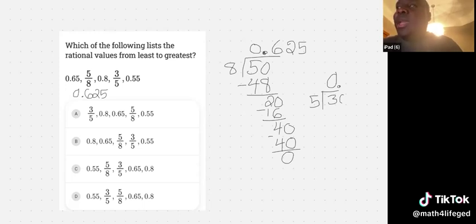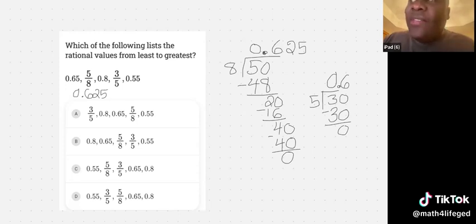Boom, right? So 6 times 5 is 30. And 30 take away 30 is 0. So that's what we have left, right? So we have 0.6 or 0.60, right? If we want to, we can put as many zeros in the back of the 6 as we want to make it have 3 decimal places. So now we have 0.6.